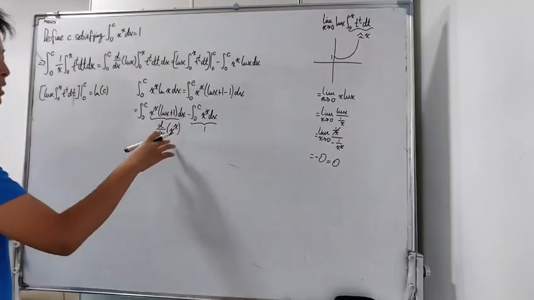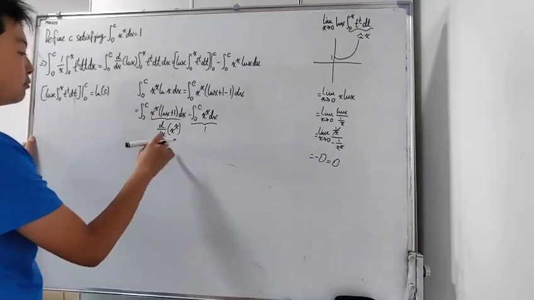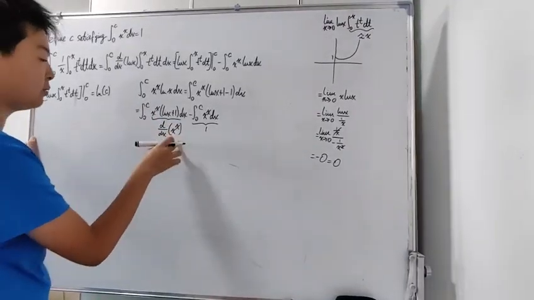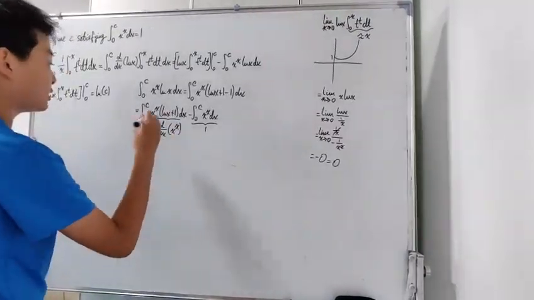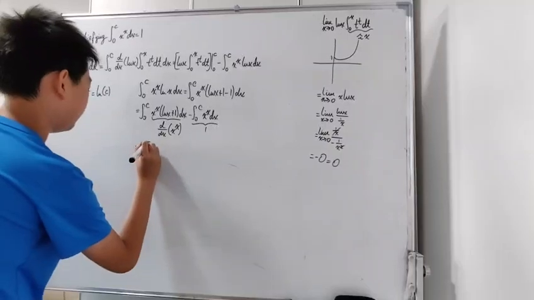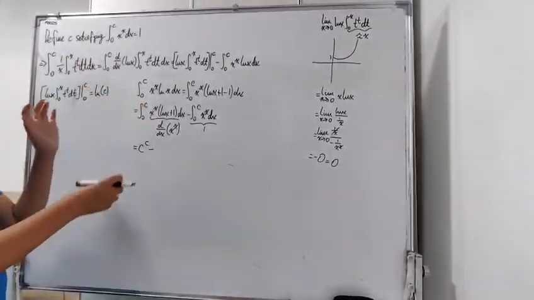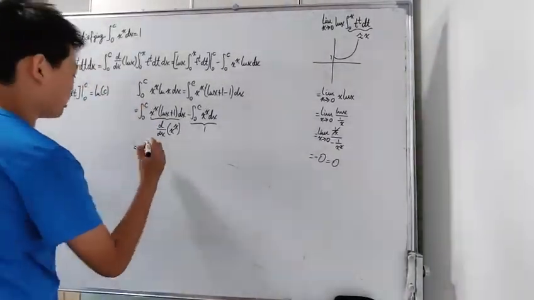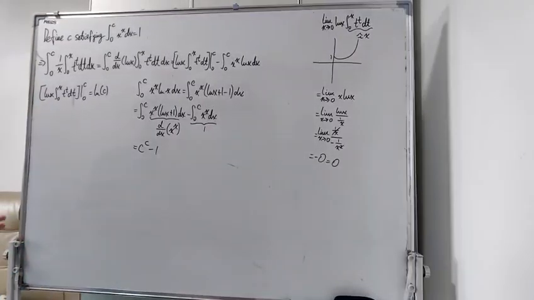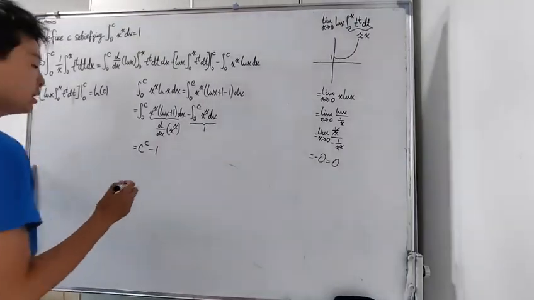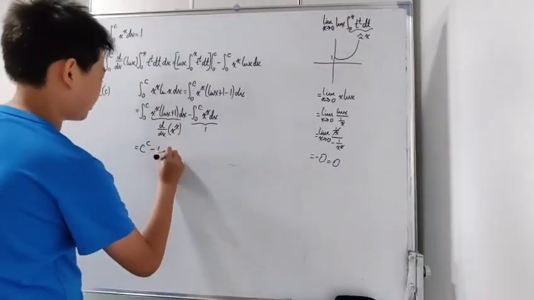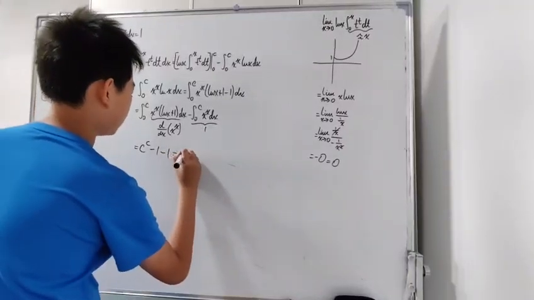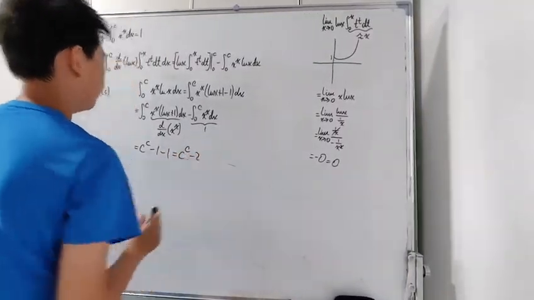All you have to do is plug in c minus plug in 0. So here, for this integral, all we have is c to the c minus, and we're going to just set 0 to the 0 to be 1, because I don't want to get myself into that much complication right now. So minus 1 again, that's going to be equal to c to the c minus 2.